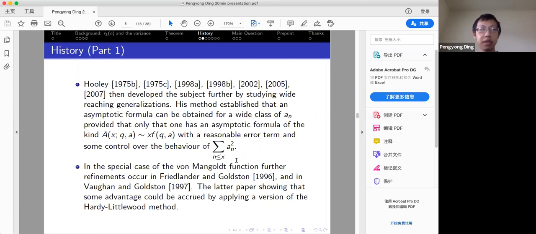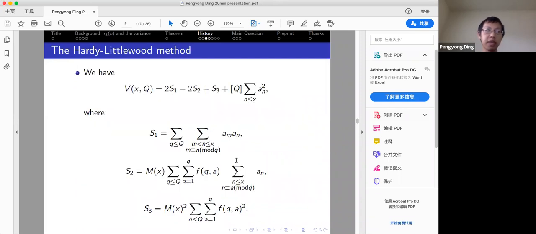So in my proof, I have also used the Hardy-Littlewood method. In order to use the method, we need to rewrite V as 2 S1 minus 2 S2 plus S3 plus the integer part of Q times the second moment sum of a_n, where we have S1, S2 and S3 as follows.